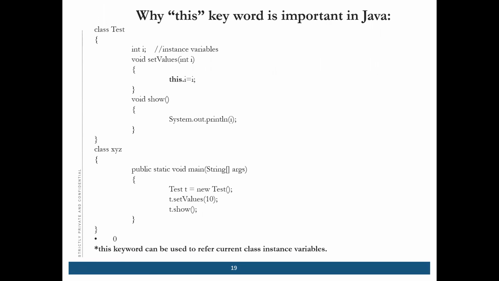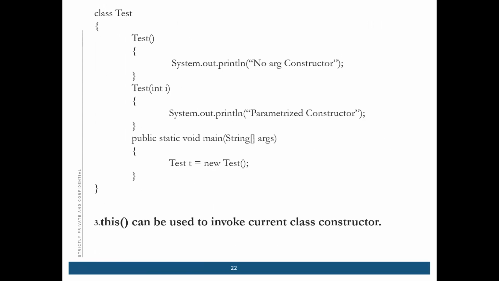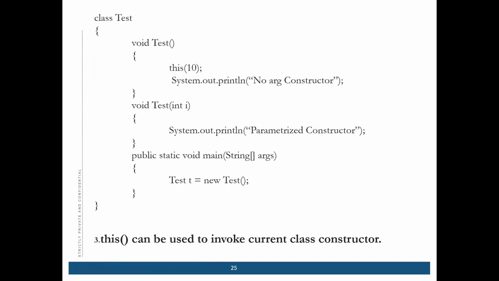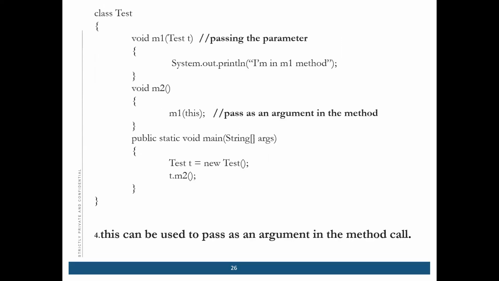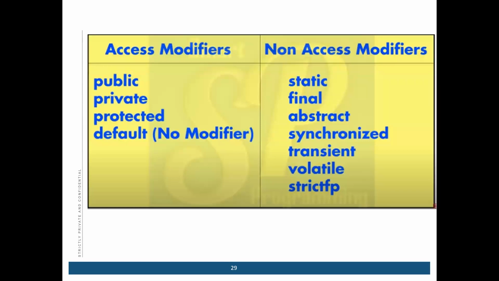Similarly, Chavi, what other keywords do we need to learn for Selenium? These are like the super keyword. This is your assignment. You have to learn about the super keyword and the final keyword.